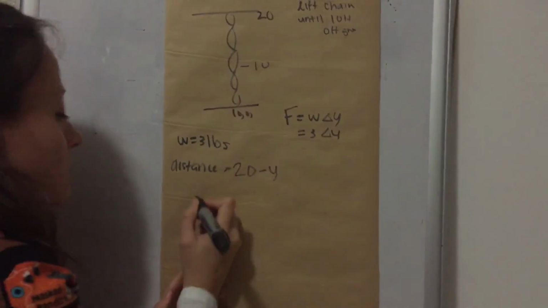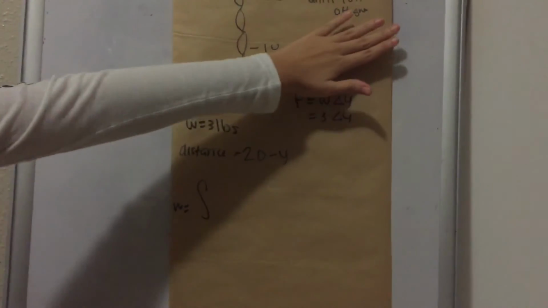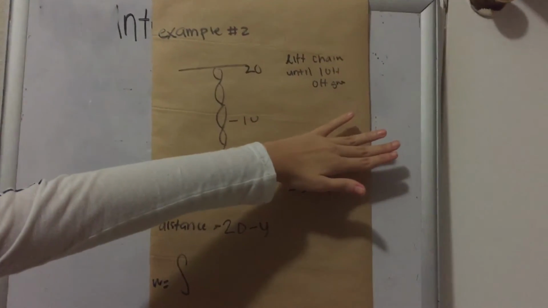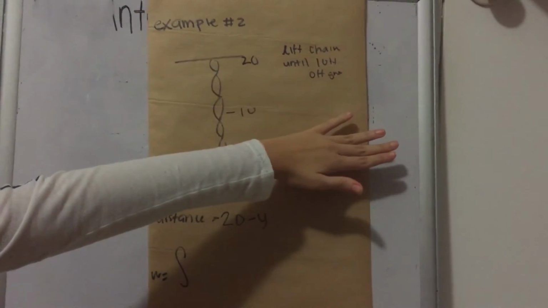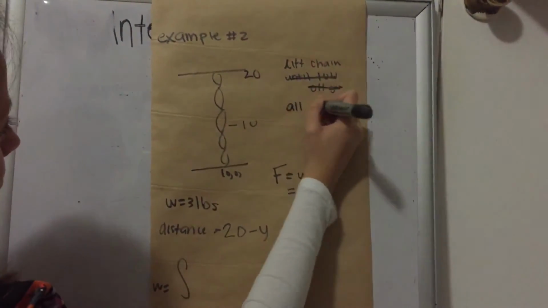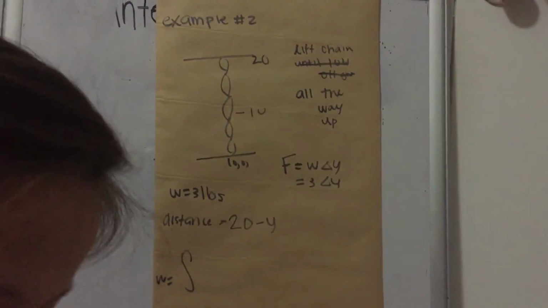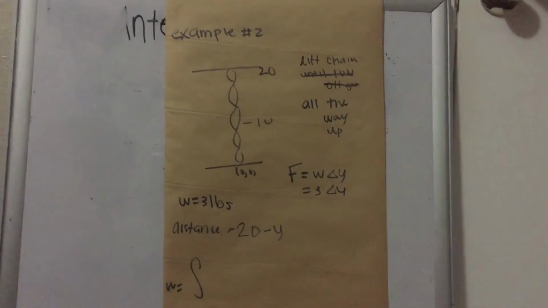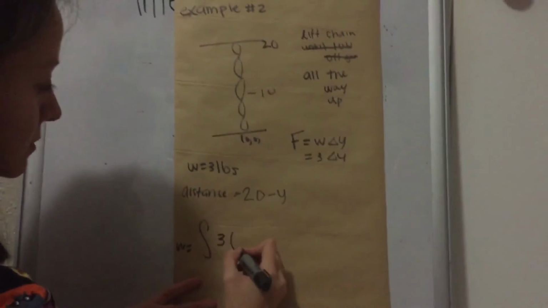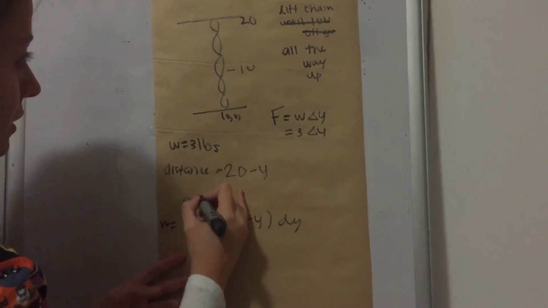And we're just going to draw this there. Okay, so integrate, work equals. Okay, so we're doing it until it's 10 feet off the ground. So it's going to be from... My bad, sorry. It's not from 10 feet off the ground. Yes, we're lifting it all the way up. And so, therefore, you have 3 pounds times 20 minus y dy, and our integral 0 to 20.